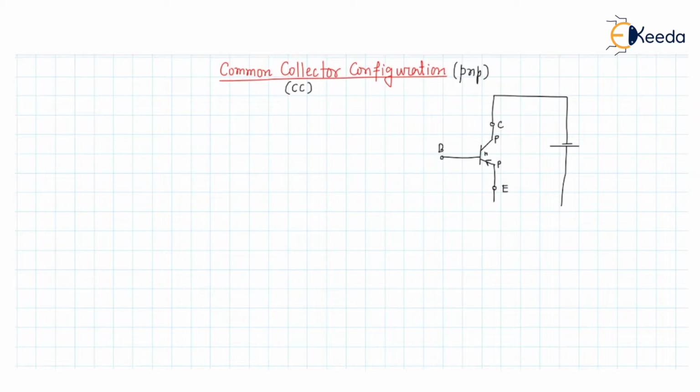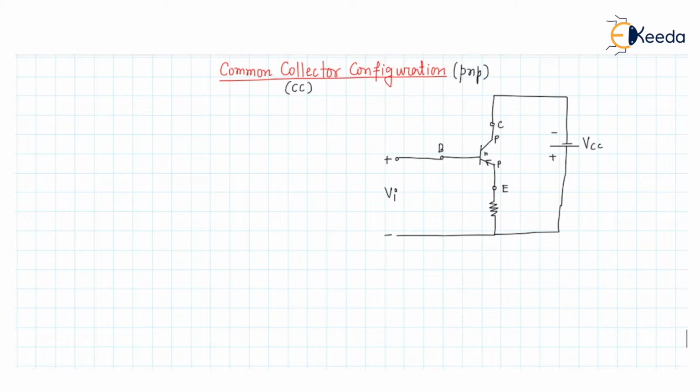In the emitter we will connect an RE resistance, and it will be connected to the positive terminal of the voltage. So here it is negative and here it is positive. In the base part, we will give an input signal like this. So there will be an input signal at this point.